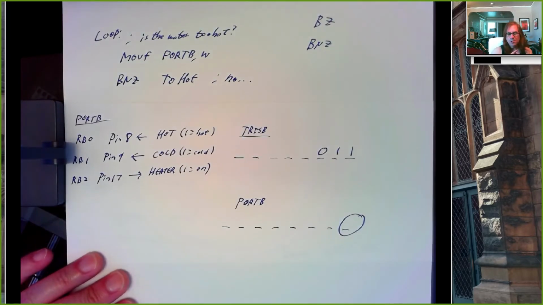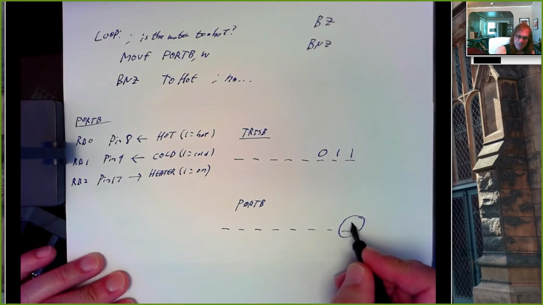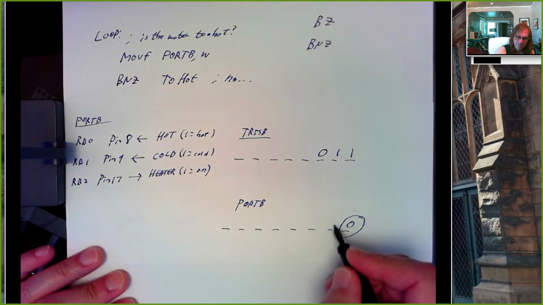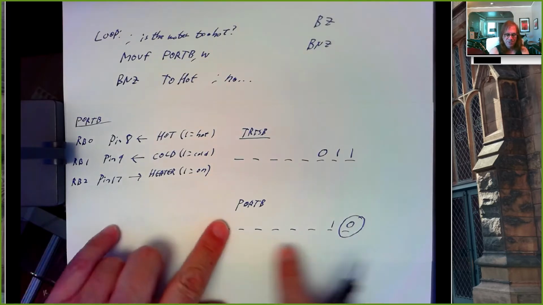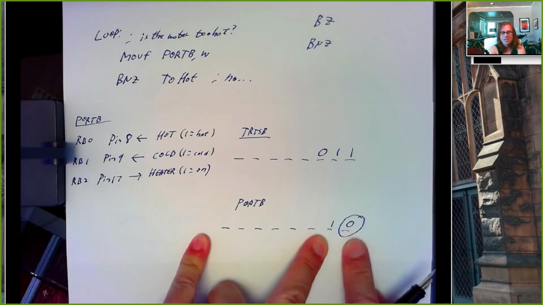It doesn't work because suppose this bit is a 0, saying the water is not too hot, but maybe the water is too cold. Maybe this bit is a 1. And so if we move port B into W, W is going to look like a 1 and a 0. That's not 0.